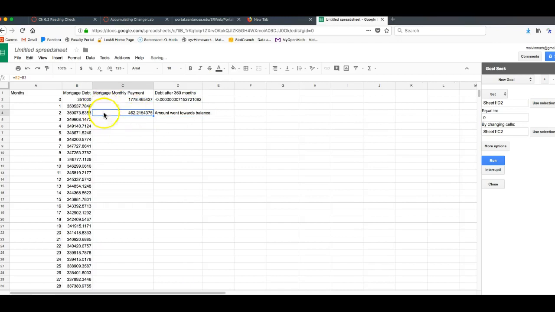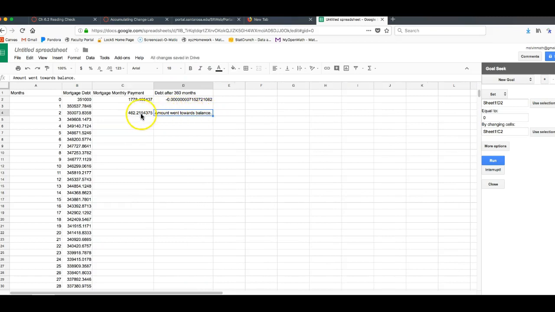Let's go over that one more time. What I did right here in this cell is subtract your initial debt minus how much you owe after 1 month. This in the purple cell right here, B3, that's how much you owe after 1 month. Subtract these two, find the difference to get $462. This is the amount that went towards your balance, but you paid $1,778.47.